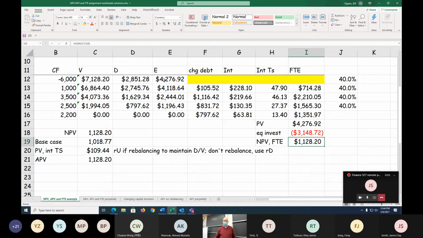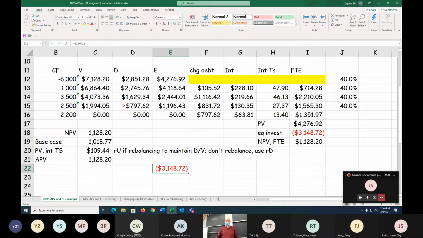Okay, so let's go back up here. We had a project that cost $6,000 and we borrowed against it. The treasurer of the company borrows against it 2,851, meaning that the shareholder has to put up the difference, 3,148. So these are the flows to equity.